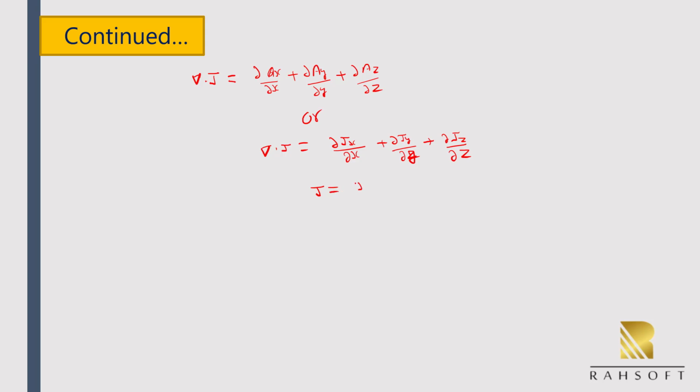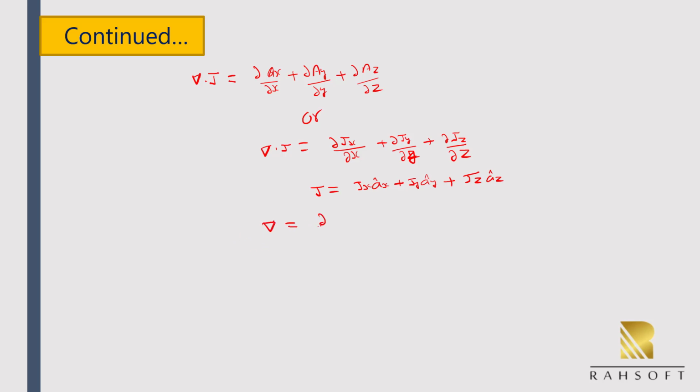And what is J? J is Jx unit vector ax plus Jy unit vector ay plus Jz unit vector az. And the operator del is what?